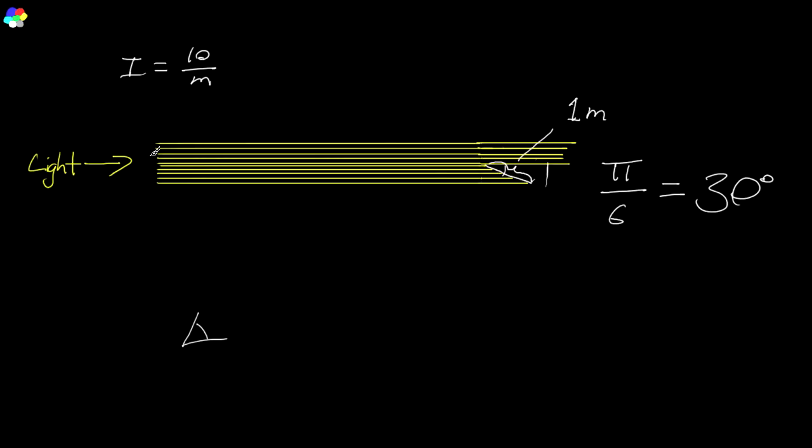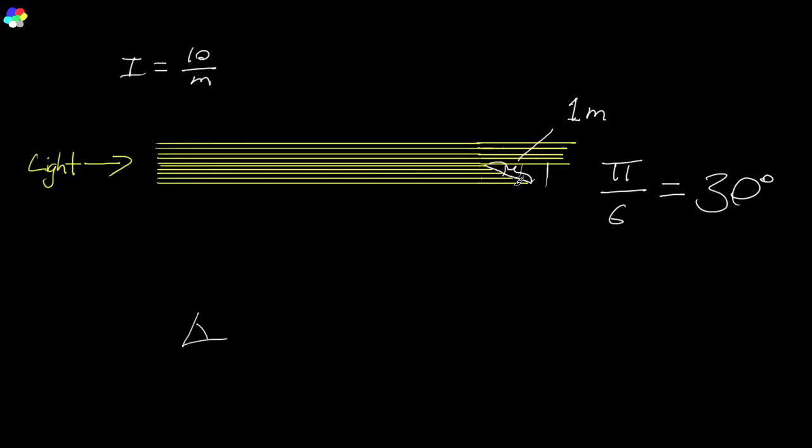So let's say that our directional light source, the density of the flux of photons, is going to be 10 per meter, 10 whatever, it doesn't matter. Now we're going to angle a 1 meter plate, and this angle is going to be pi over 6 radians, which is 30 degrees.